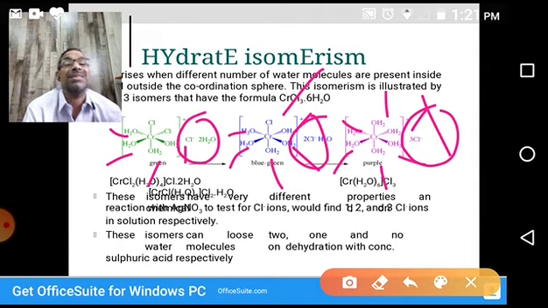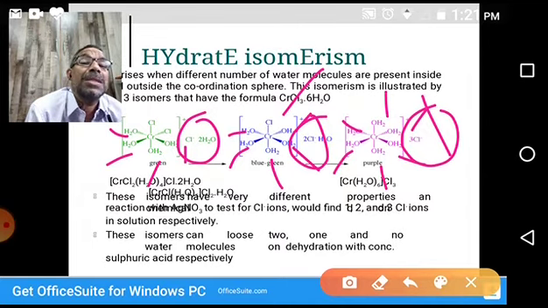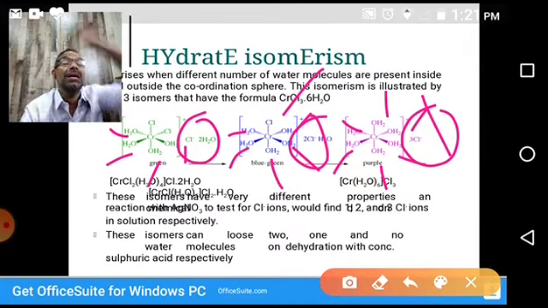In the first example, we have 4 water molecules coordinated to the central metal chromium ion. In the second case, 5 water molecules surround it. In the third case, 6 water molecules surround it. So that's why no water molecule is left, and that's why it is not participating in the dehydration reaction. So this is about hydrate isomerism.